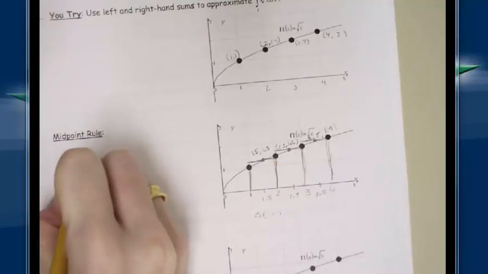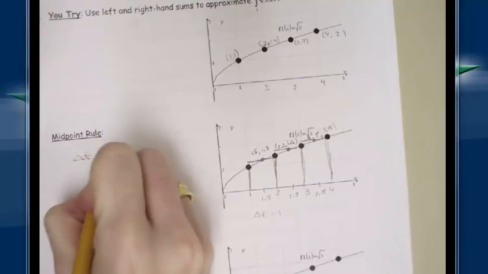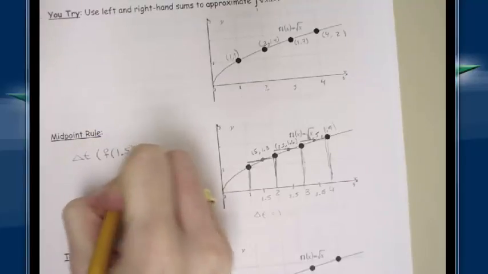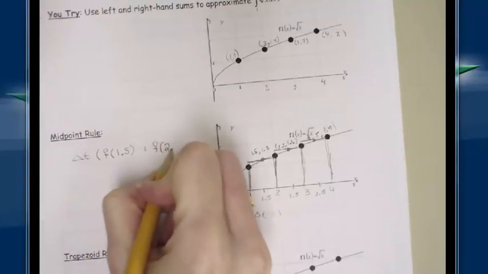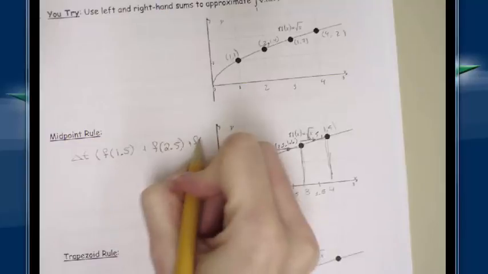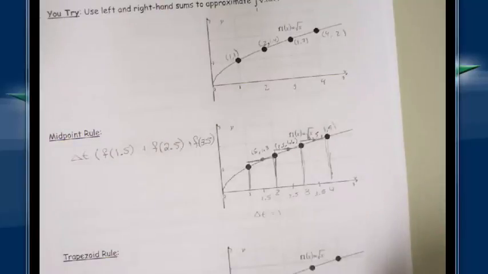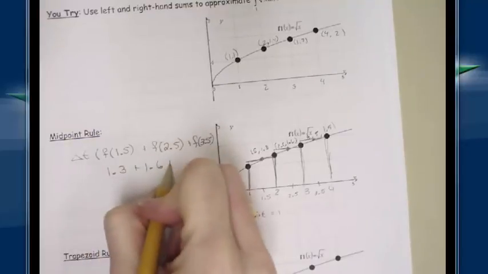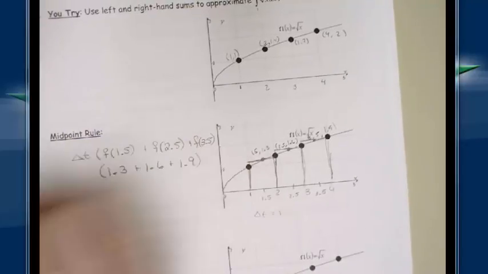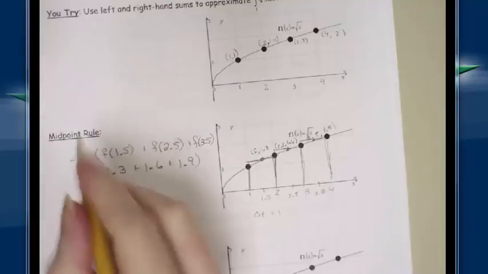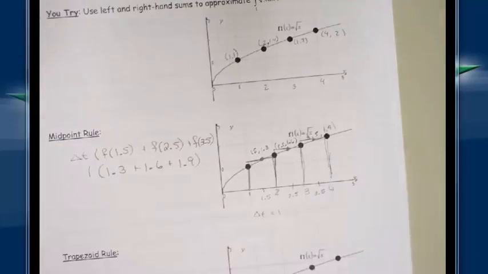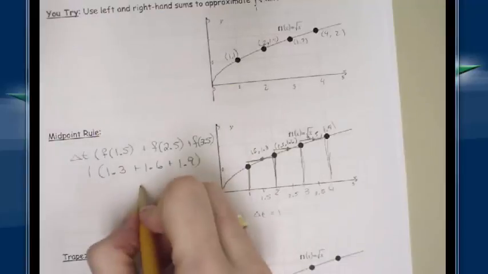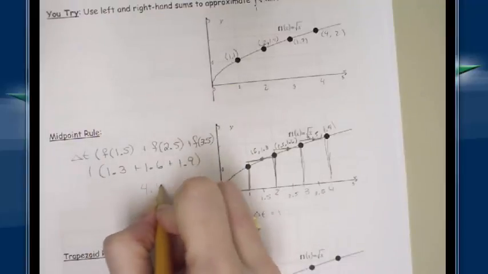So I'm still going to say delta t, but now it's going to be of f of 1.5 plus f of 2.5 plus f of 3.5. So for us, that's 1.3 plus 1.6 plus 1.9 times 1. And we've got a total of 4.8.